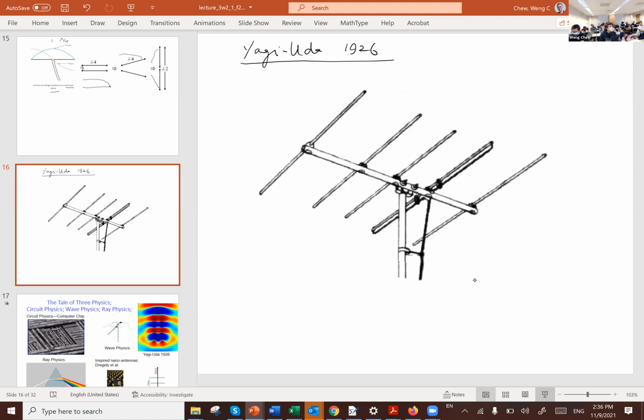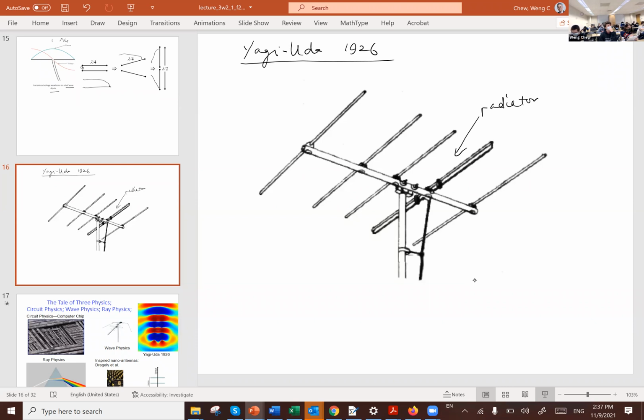And they found that if you have an element, a radiator, the array of elements put in front of the radiator acts like a waveguide. Other elements will be slightly longer. So this array of antennas forces or directs all the energy to go in the forward direction.